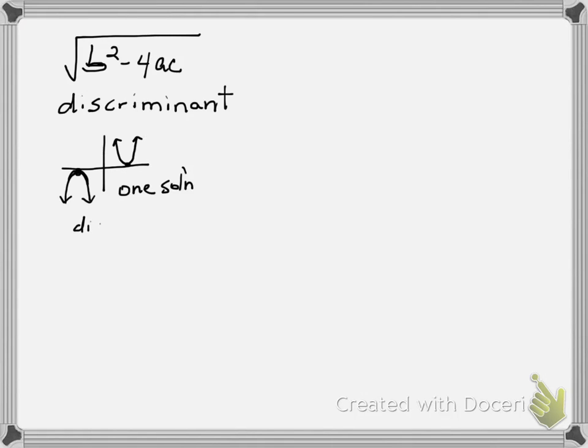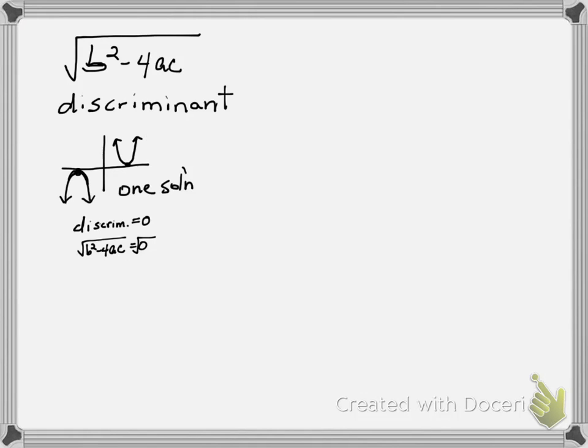If you were working this with the quadratic formula, the discriminant will equal 0. So your b squared minus 4ac is equal to 0. Under that radical, you're going to have nothing. That'll all come out to be 0.